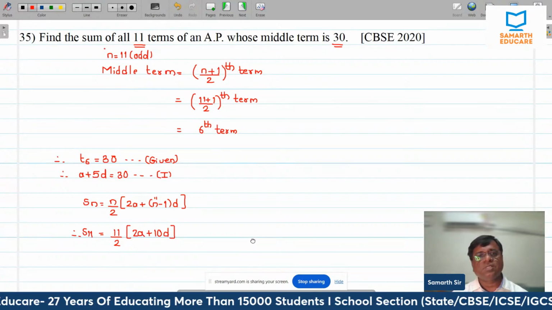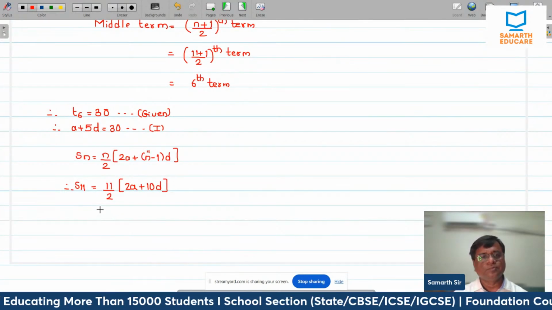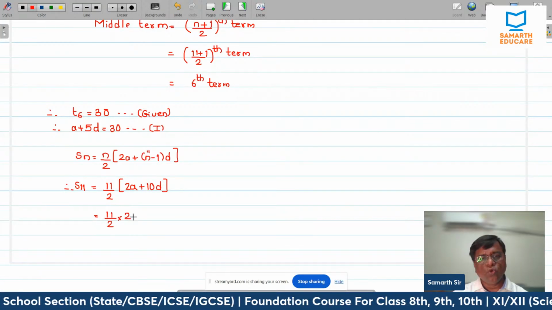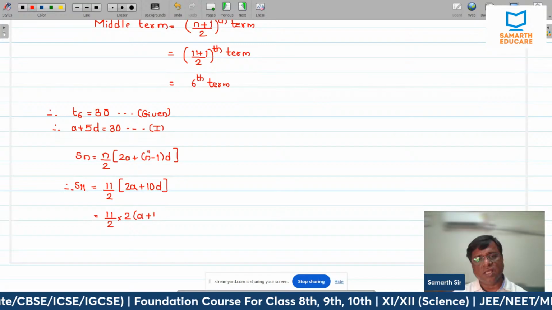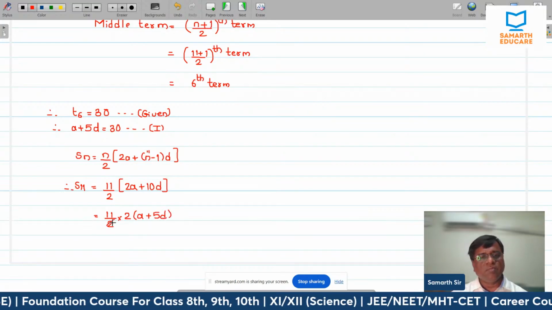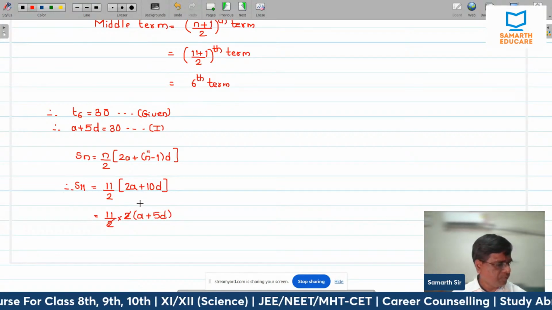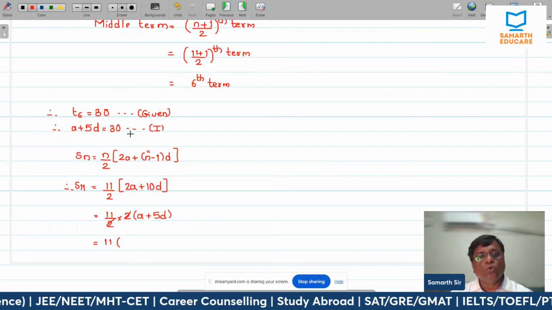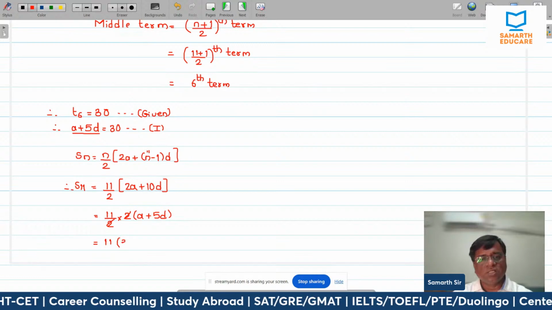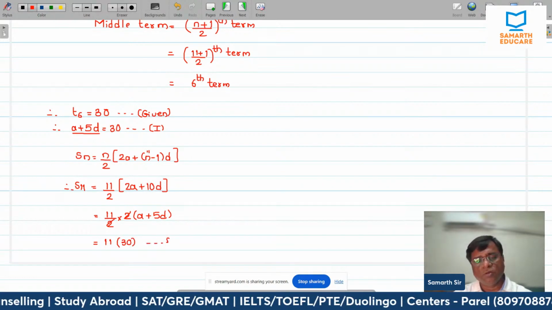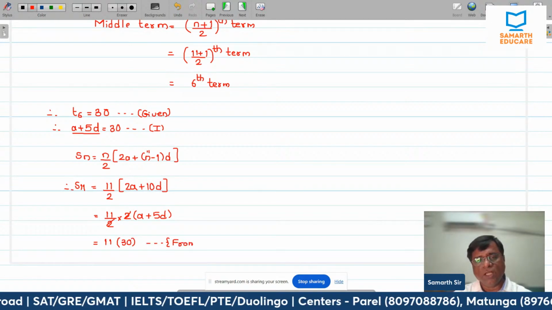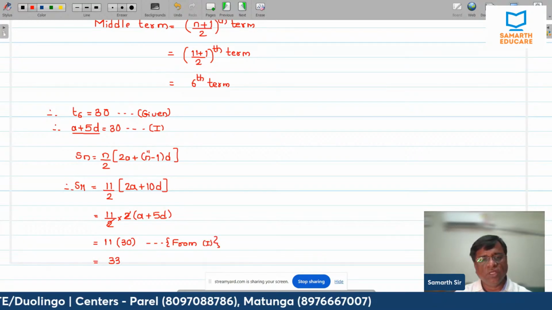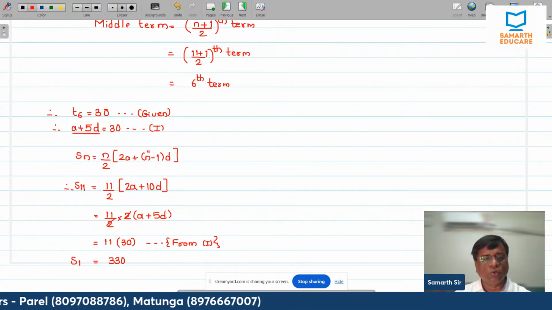Now, what happens is, 11 upon 2, if I take 2 common, what will remain inside is a plus 5d. Sometime back we have solved this kind of problem. Okay. Now, that means 11 into, what is a plus 5d? It is 30. Where do I get it from? I'll write here from equation 1. So 11 into 30 is 330. So this is your total.